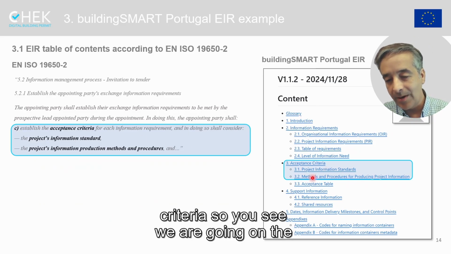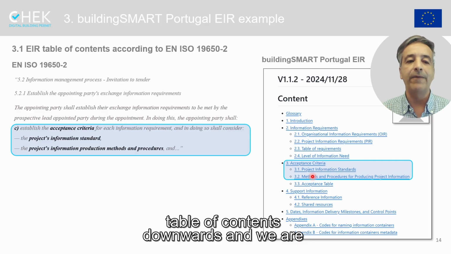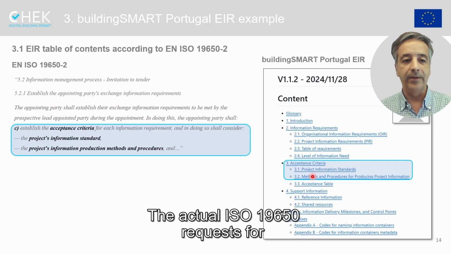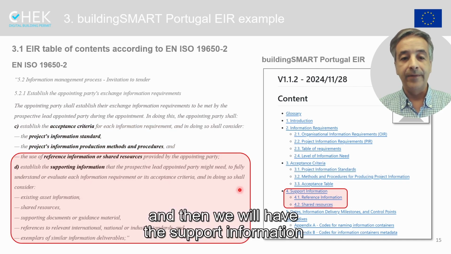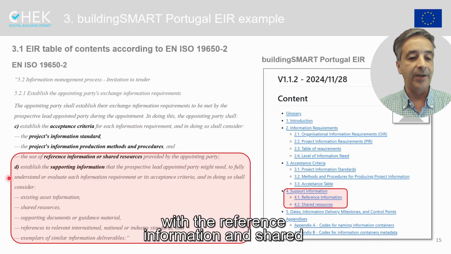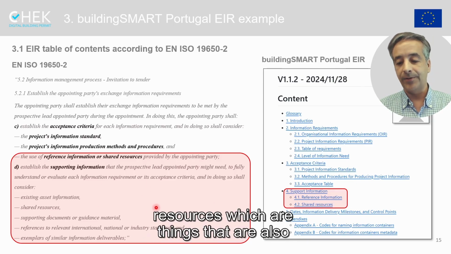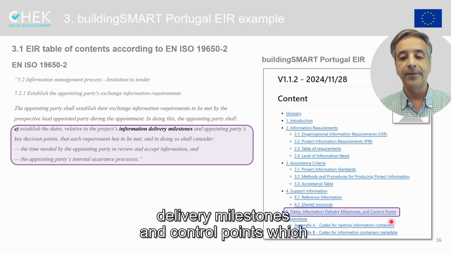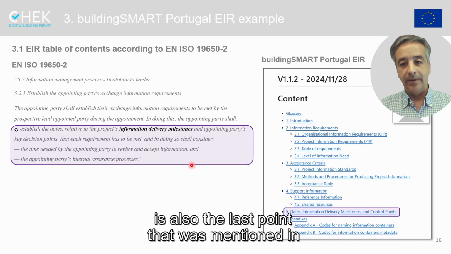So you see we are going down the table of contents, and we are following the same structure that the actual ISO 19650 requests of us. And then we will have the support information, with the reference information and shared resources, which are also mentioned here. And finally, the information delivery milestones and control points, which is also the last point that was mentioned in the ISO 19650.